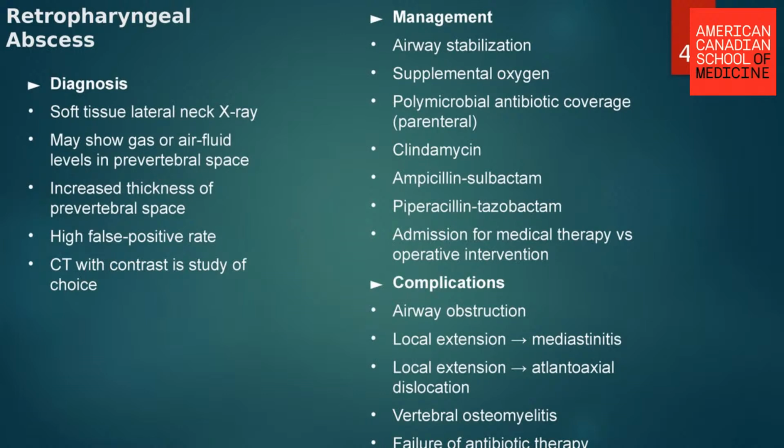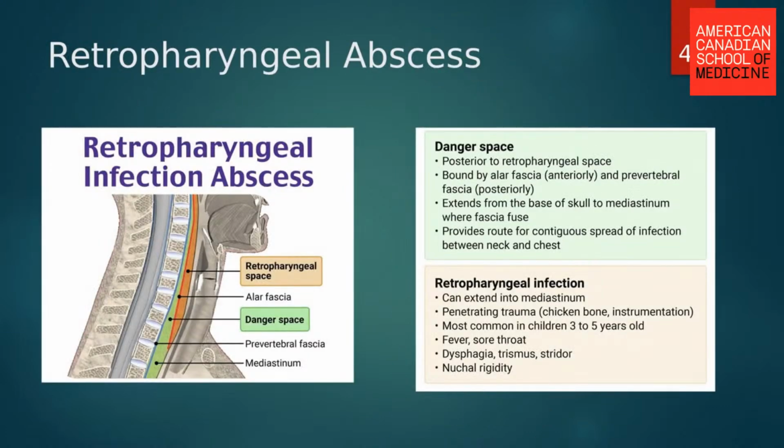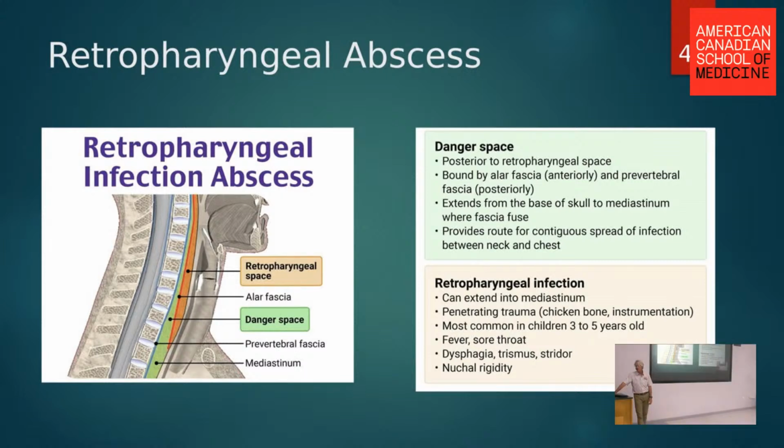You're going to see some increased thickness in the prevertebral space. The space between the esophagus and the vertebral structures is going to be enlarged. Generally, a CT scan with contrast is the study of choice. Let me show you what an x-ray looks like. With retropharyngeal abscess, you can see the esophagus there and the space there.